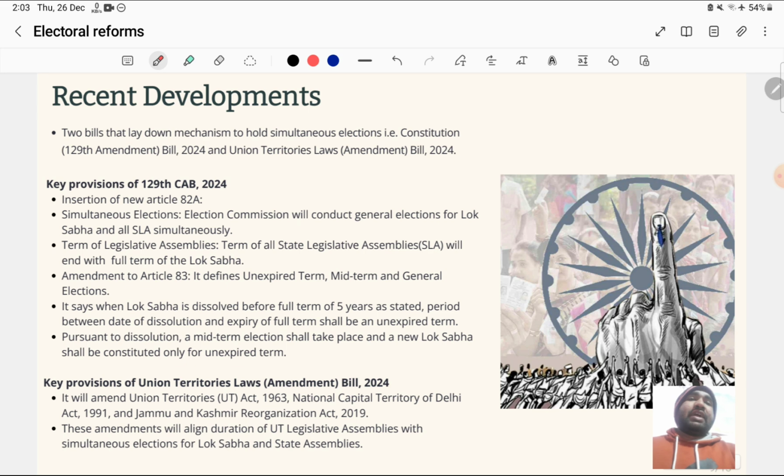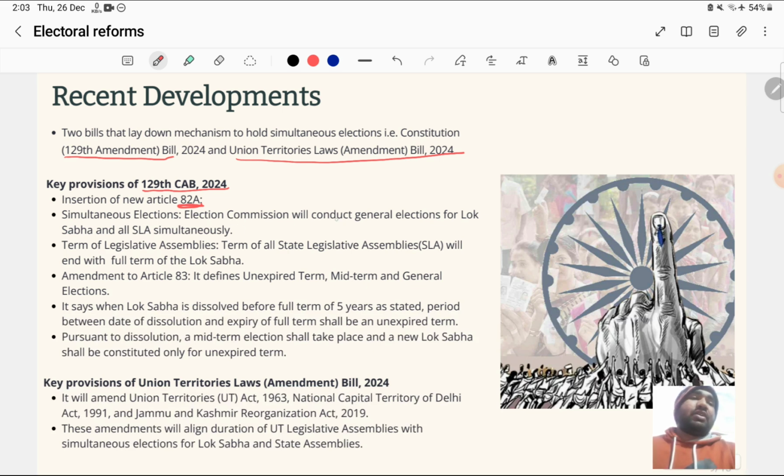Recently, there have been two bills that have been laid down: the 129th Constitutional Amendment Bill and the Union Territories Law Amendment Bill 2024. Under the 129th Constitutional Amendment Bill, a new Article 82A has been inserted, which describes the procedure for simultaneous election.